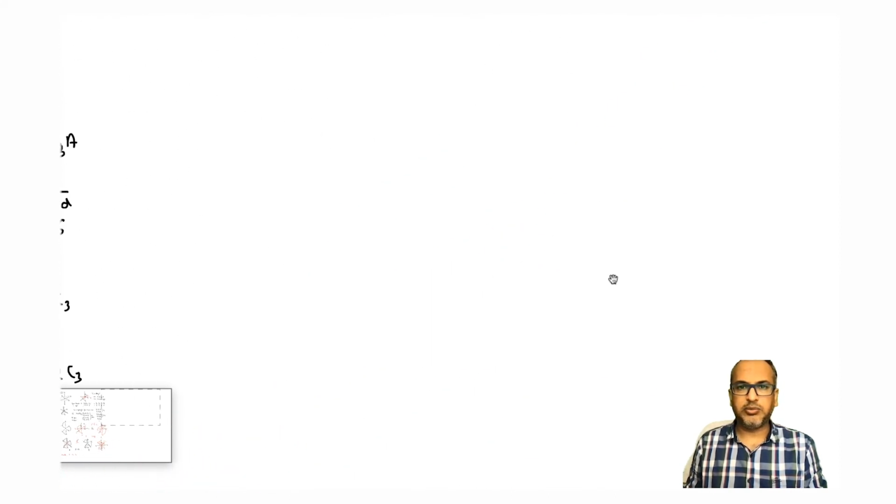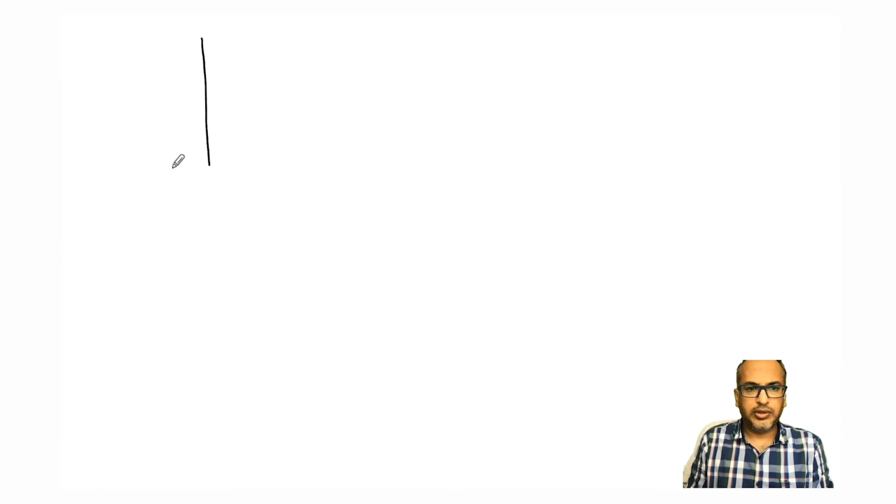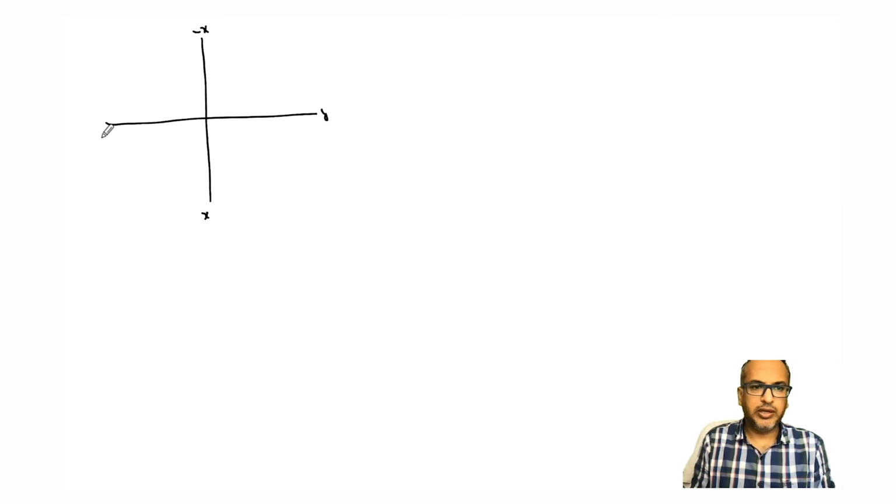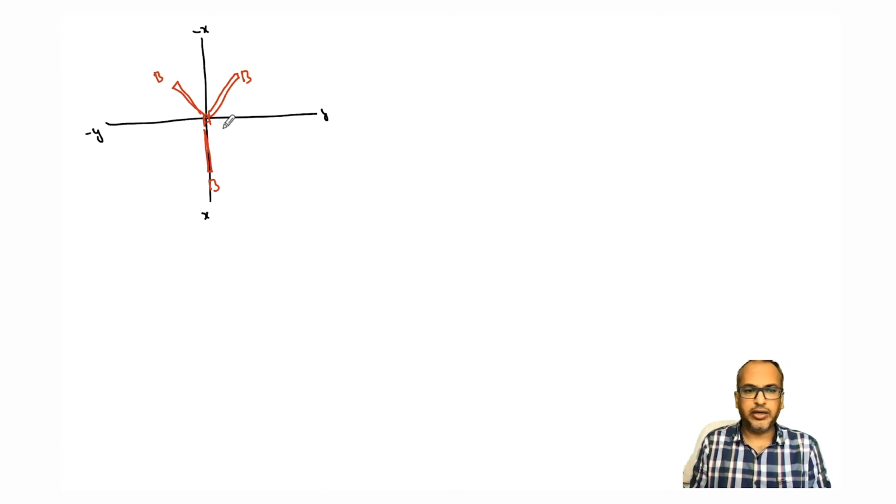So let me draw this molecule again. This is my X minus X, Y minus Y, and the molecule looks like this. You have A, B, so these are all 120-degree angles. Excuse me for the bad drawing.